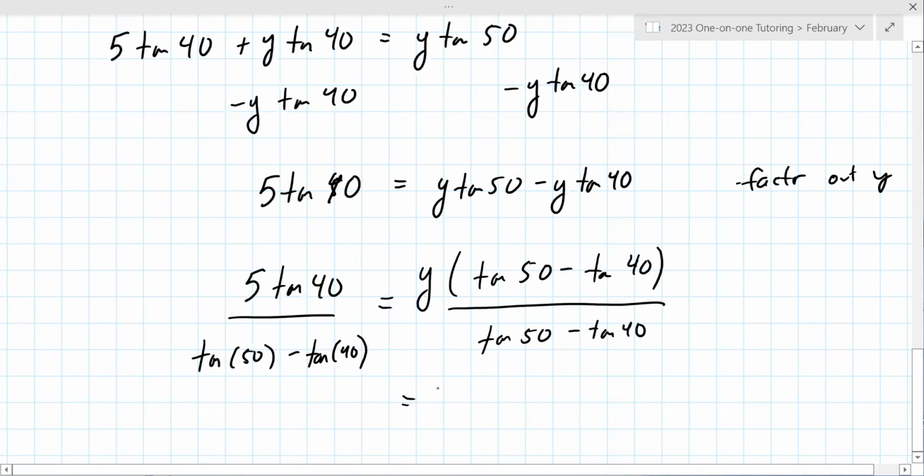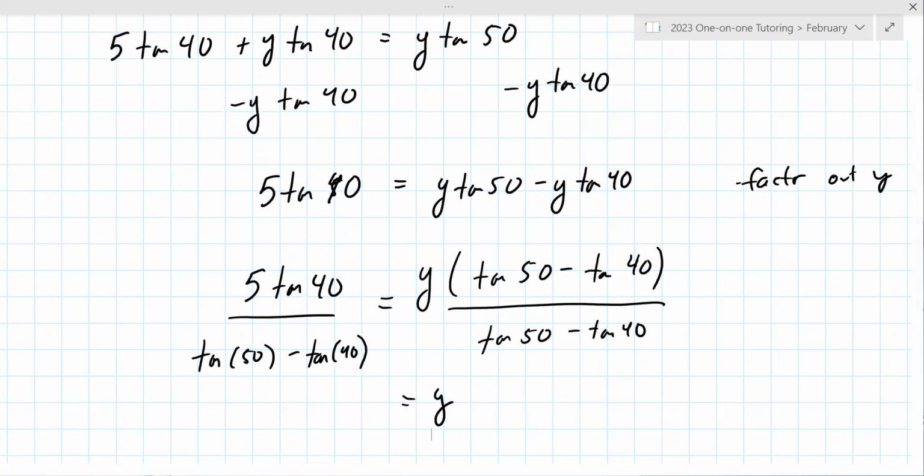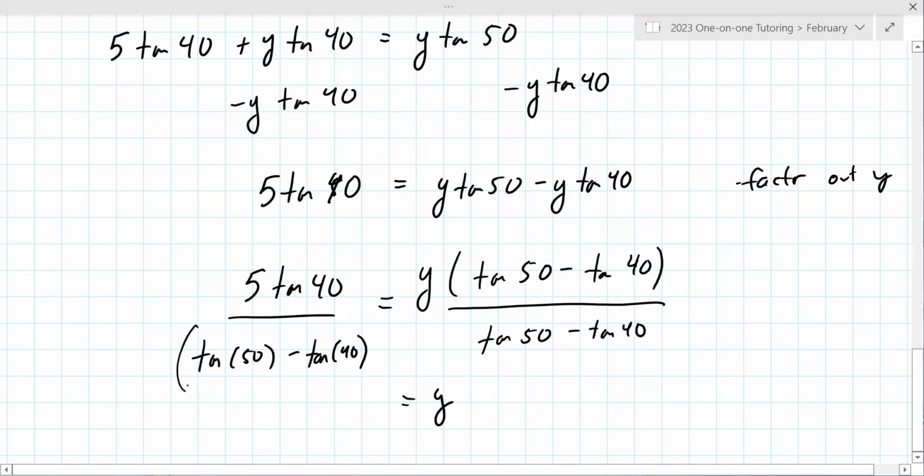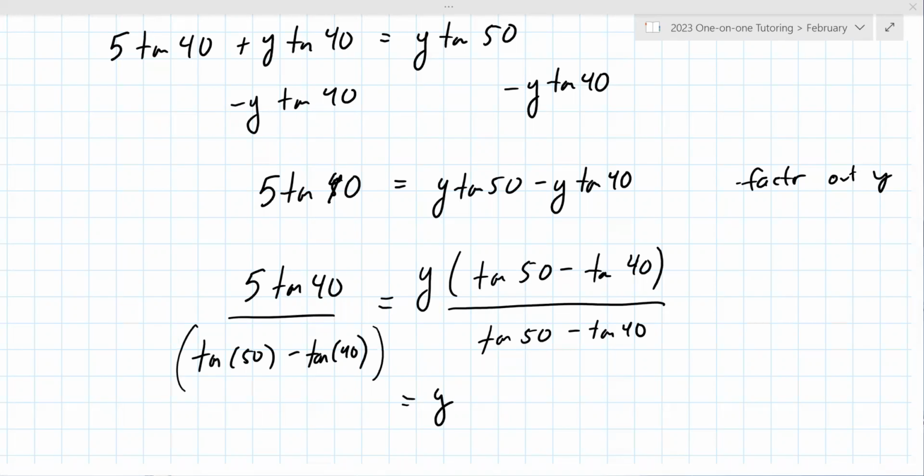And that is your final answer. You just got to go to your calculator and put that in correctly. The bottom needs to be in parentheses. 5 tangent 40 divided by.